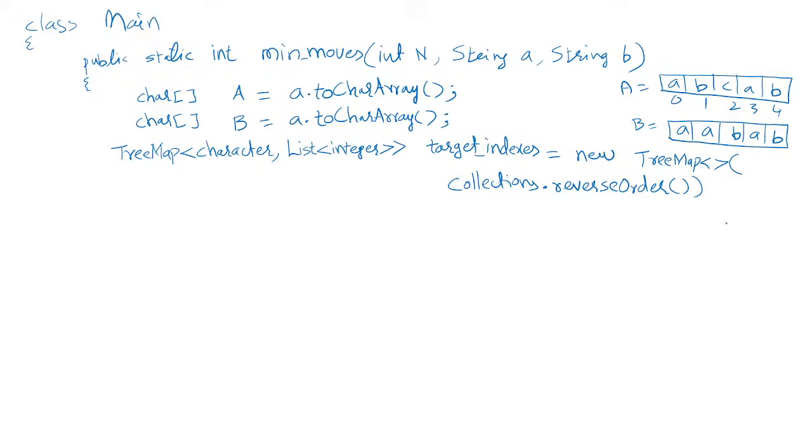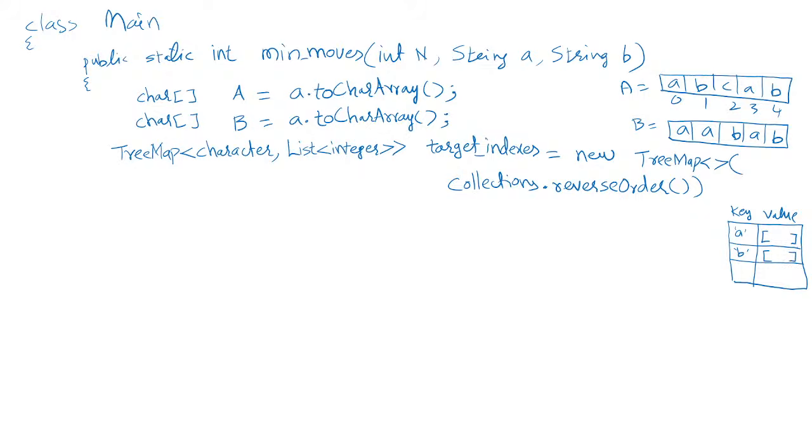It is just like a dictionary which contains key and value pairs. So this is your key and this is your value. Key can be the letter A, and all the indices will be stored in the form of a list here. Key can be B, and all the indices will be stored here.